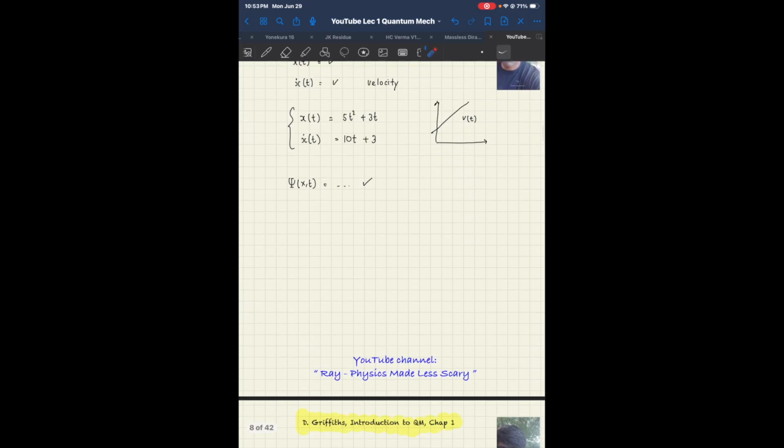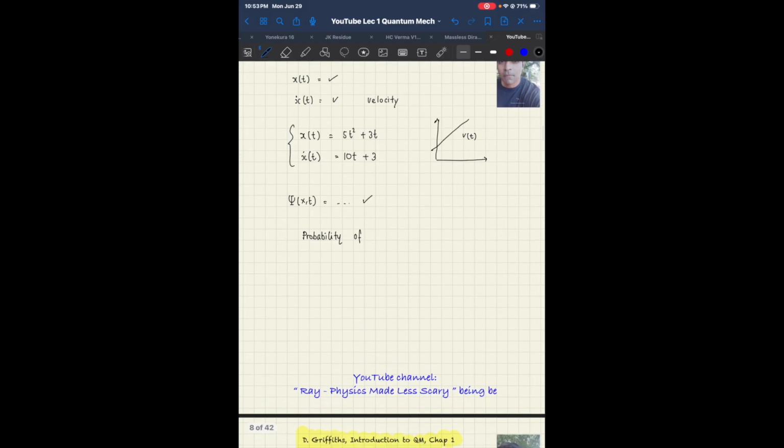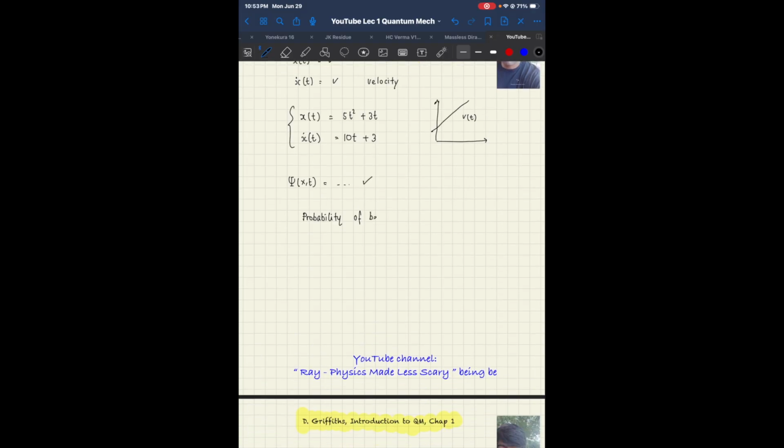So what quantum mechanics tells you instead is the probability of being between, say, x equal to x0, or whatever.